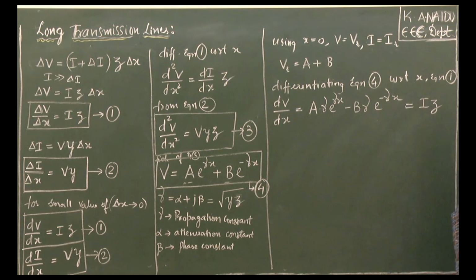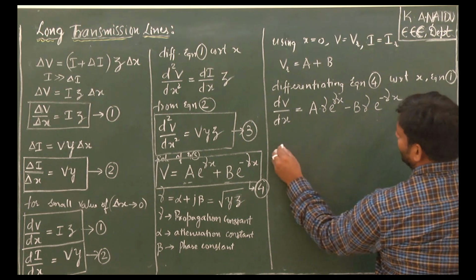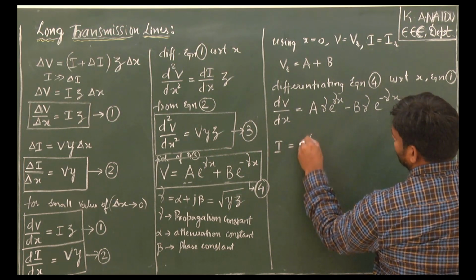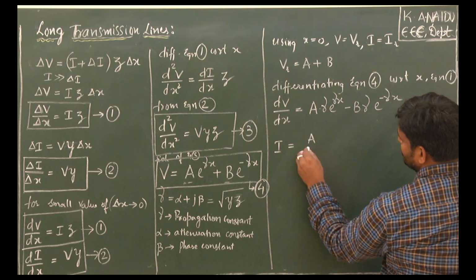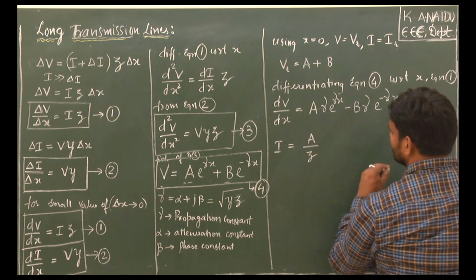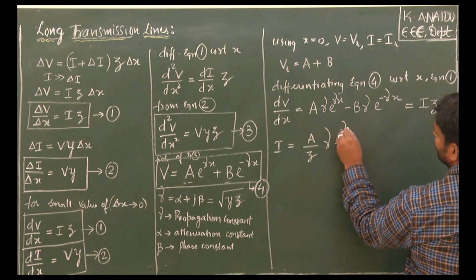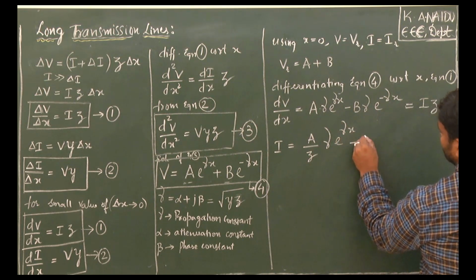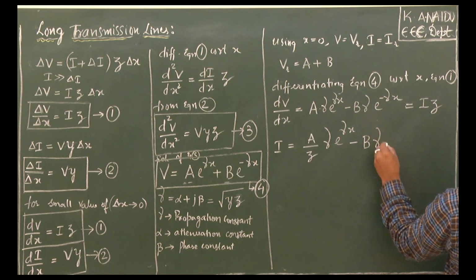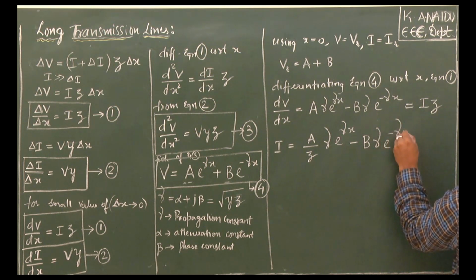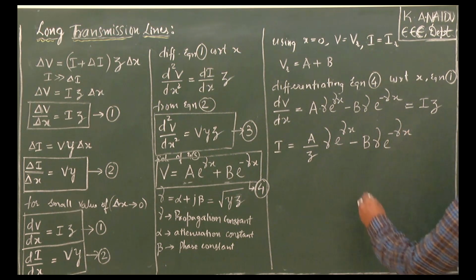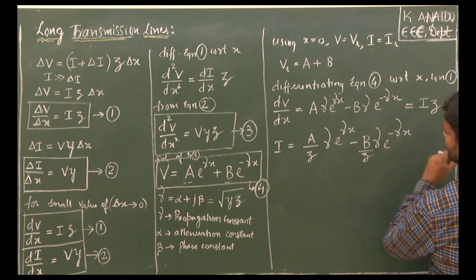From here you can write I is equal to A upon z, small z, into gamma e power gamma x minus B into gamma e power minus gamma x by z.